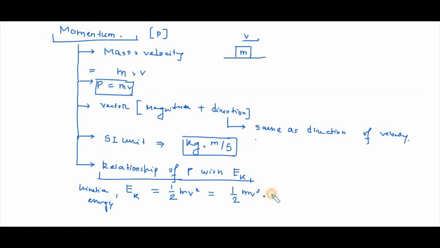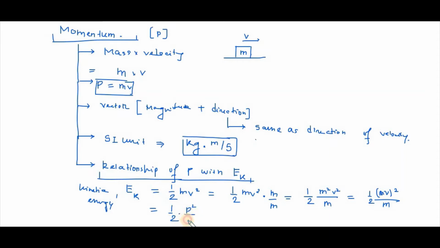I am multiplying m in the numerator and denominator to make an adjustment. So I can write it as m square v square in the numerator and m in the denominator. Now mv we can keep inside the bracket, so (mv) square upon m. This mv represents the momentum, which means instead of mv I can substitute p.